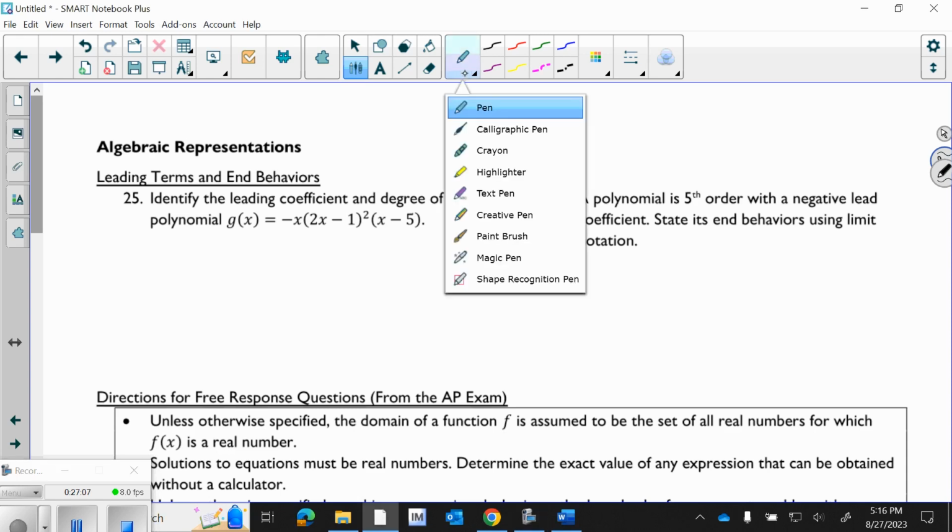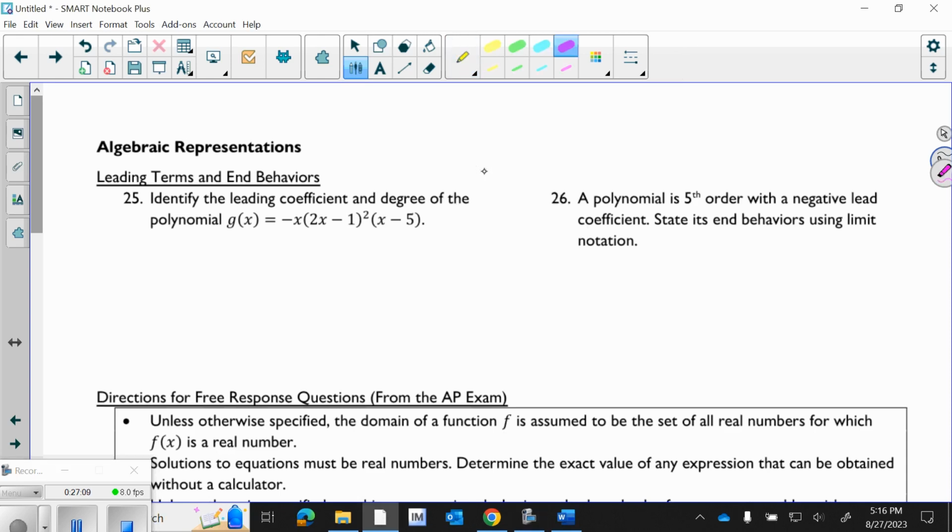But there is a little bit easier way to do this. Instead of multiplying the entire polynomial out, let's focus on the x terms only. So I have a negative x at the front. I have this 2x that is at the front of this binomial. And I have this x, which is, again, at the front of its binomial. These are all my lead terms of each individual part.